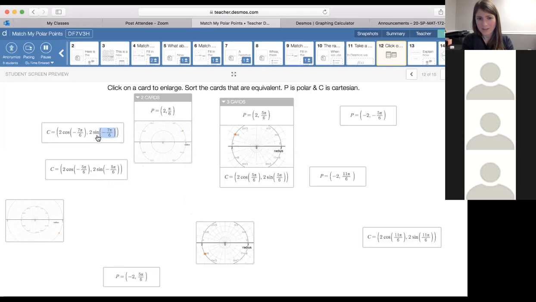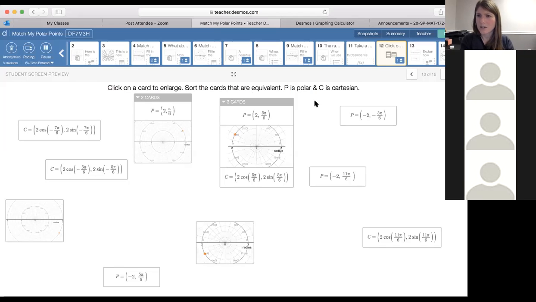And it's kind of interesting that the negative 7 pi over 6 feels like it should match with this guy, because that angle puts this in the same place. So I'll have to make sure that we didn't have any typos in this coding, but right now I would match that one with this one and not with that. So these card sorts are difficult.